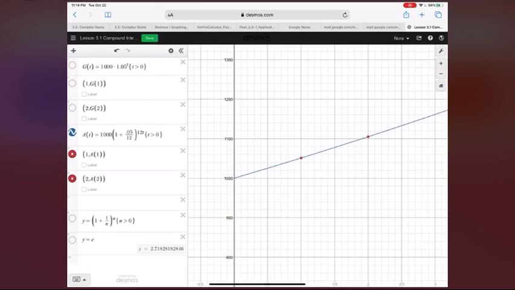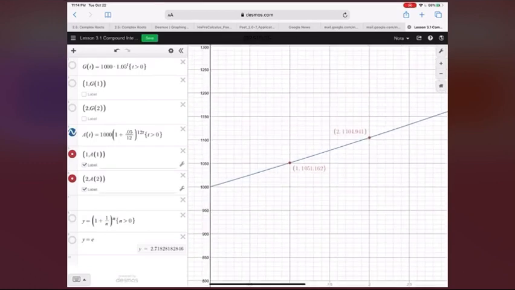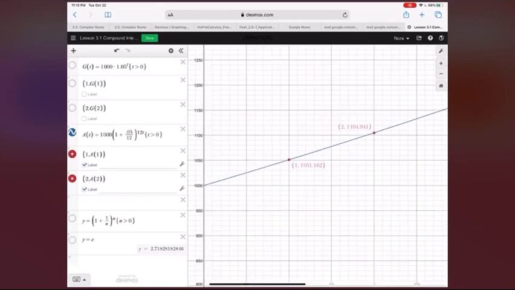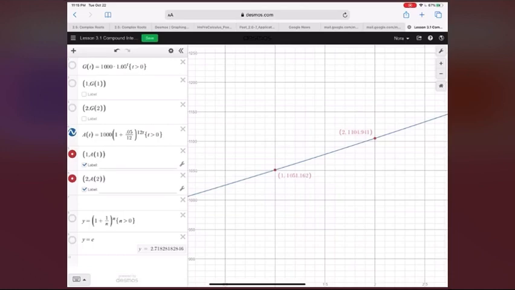Now let's look at the investment after 1 year and after 2 years. So after 1 year, the investment is $1,051.16. And after 2 years, the investment is $1,104.94.